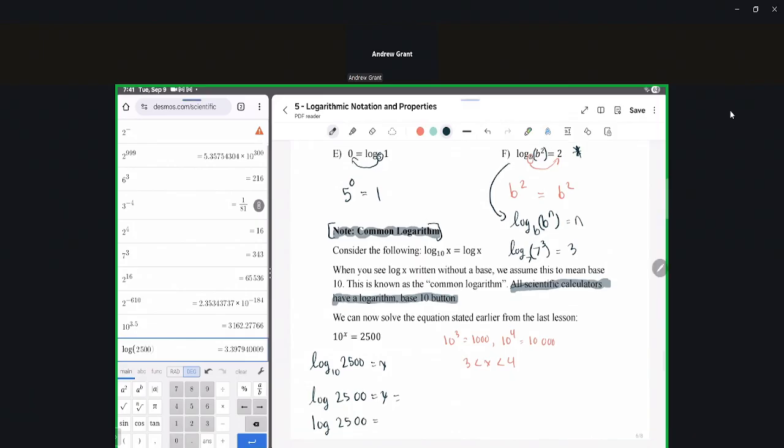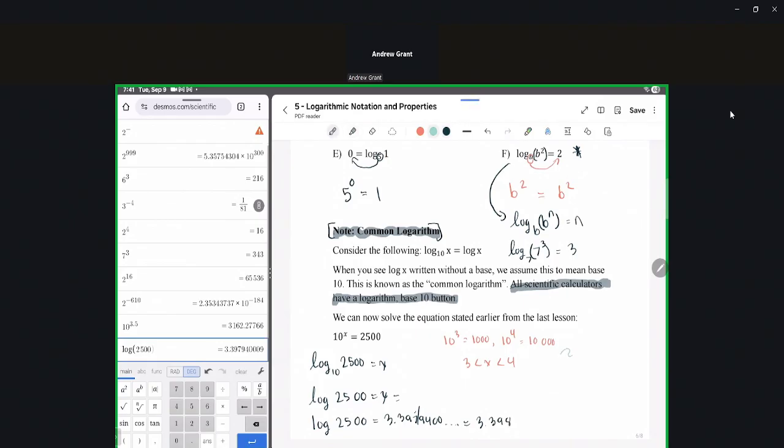The answer will be 3.3979400 and so on. Typically, you end up rounding to 3 or 4 decimal places. So let's round this to 3 decimal places, which gives 3.398.